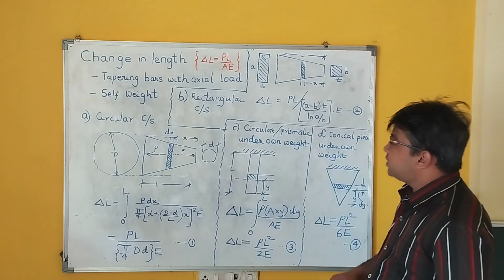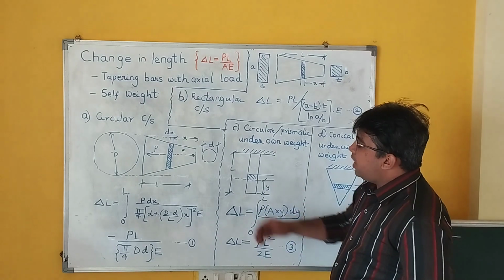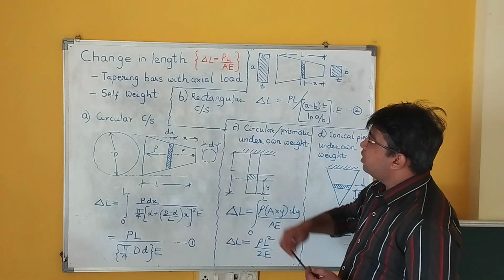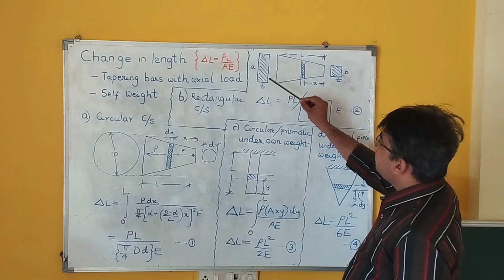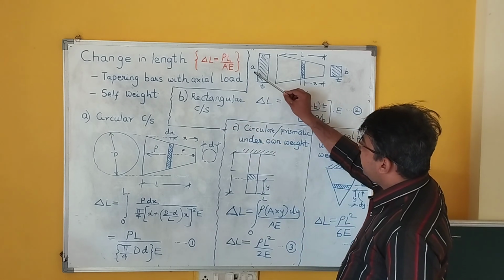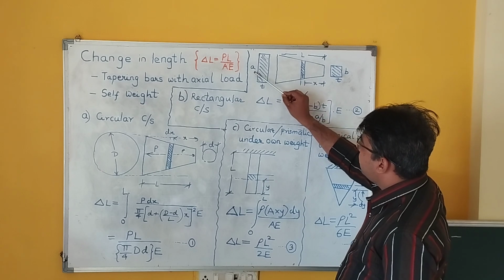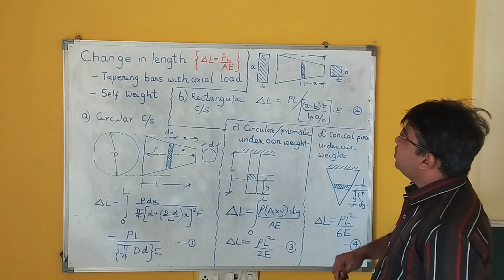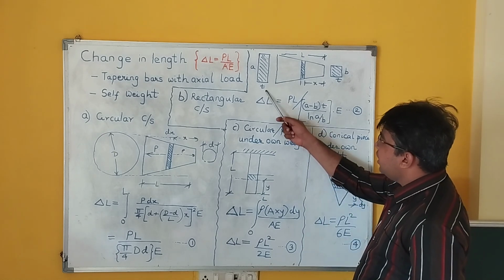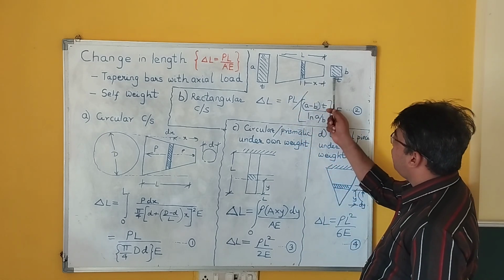Now coming to the next case. We will apply the same approach, and for the rectangular cross section we have a cross section of width which is changing from A to B, from big end to small end. Then we have thickness of the element as t which remains constant throughout the length.